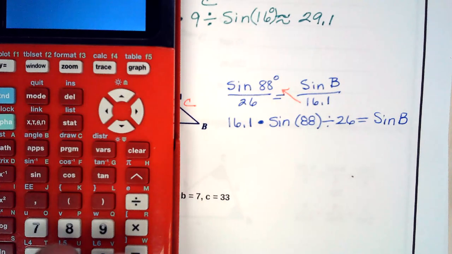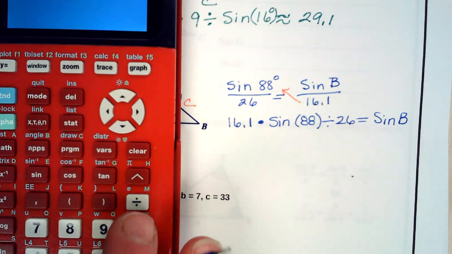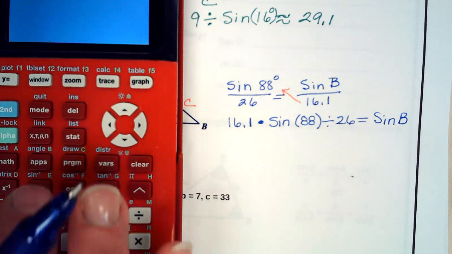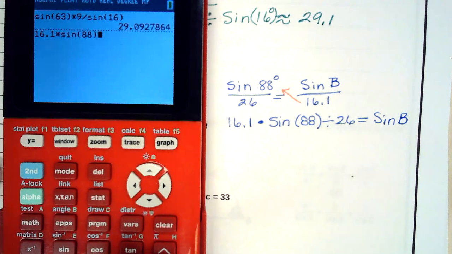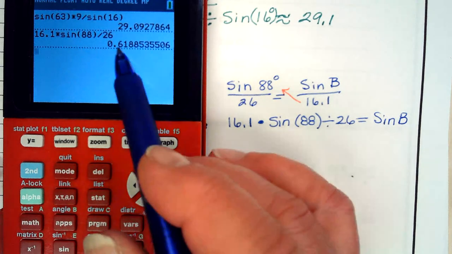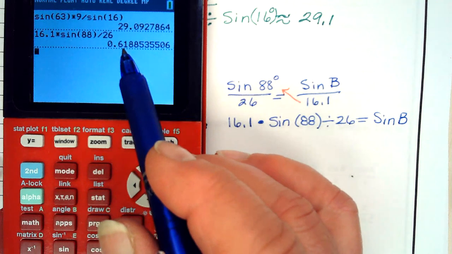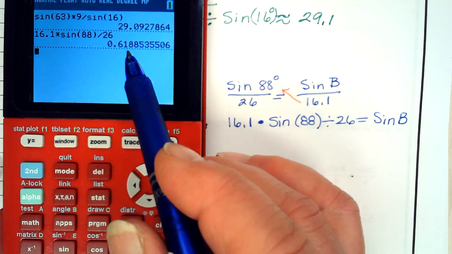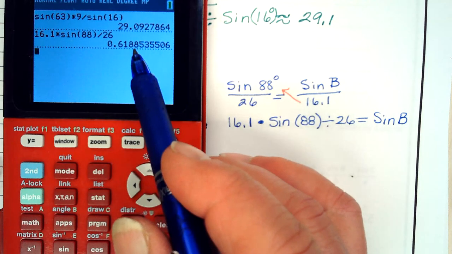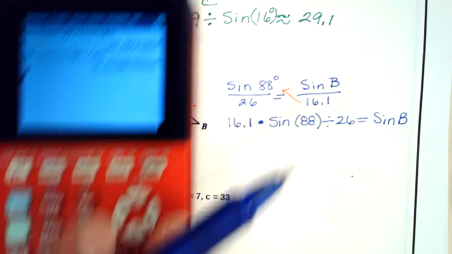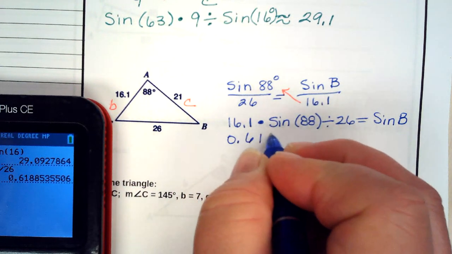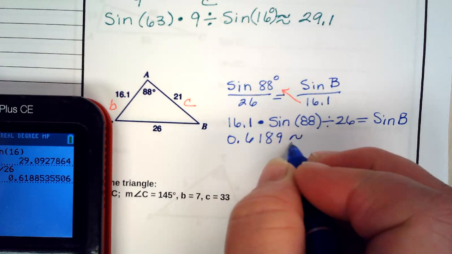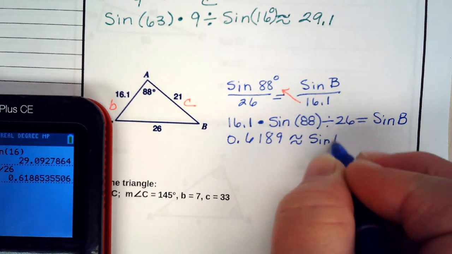So 16.1 times the sine of 88, close it off, divided by 26, and I get 0.61885. You go out 4 decimal places to get your approximation. So 0.6189 is approximately the sine of B.